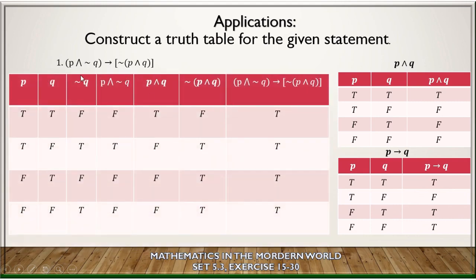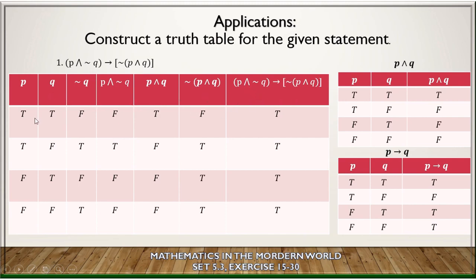So in this number 1, we'll have P, Q, not Q, the conjunction of P and not Q, and we also have the conjunction of P and Q, and the negation of the conjunction of P and Q. Then the last one is this conditional.